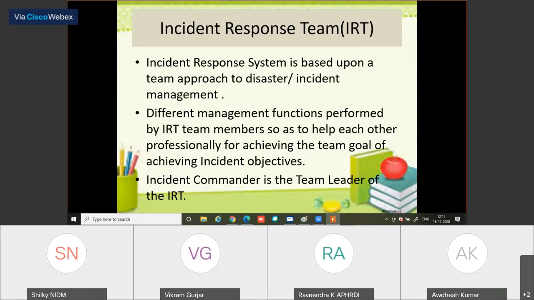As I've said, the IRS incorporates all the tasks that may need to be performed during the response, and it clearly and categorically defines and identifies the pre-designated officers to perform various duties.